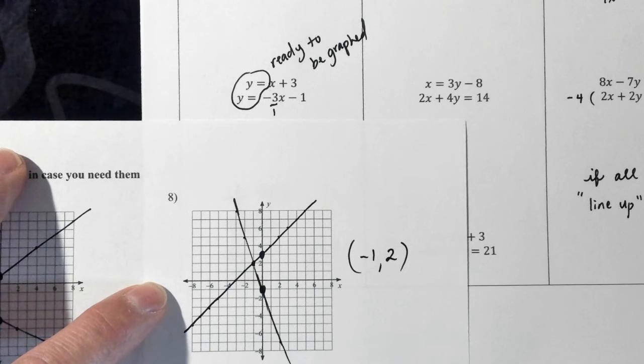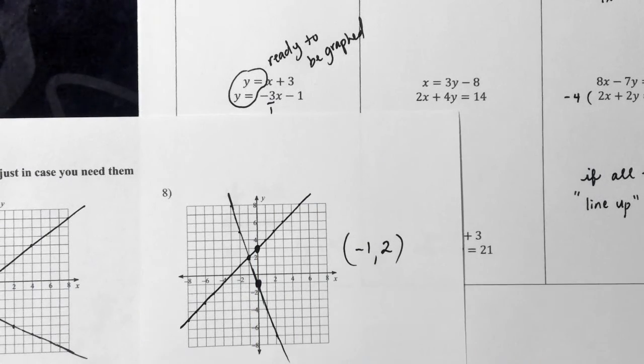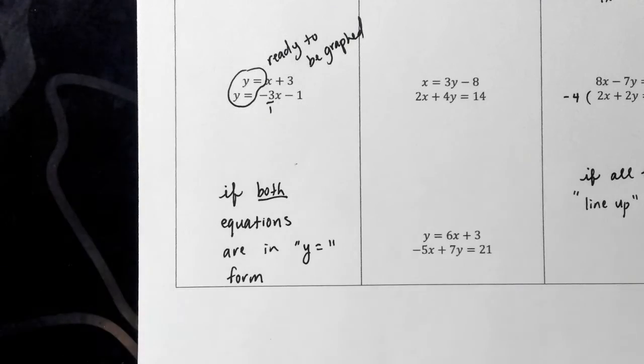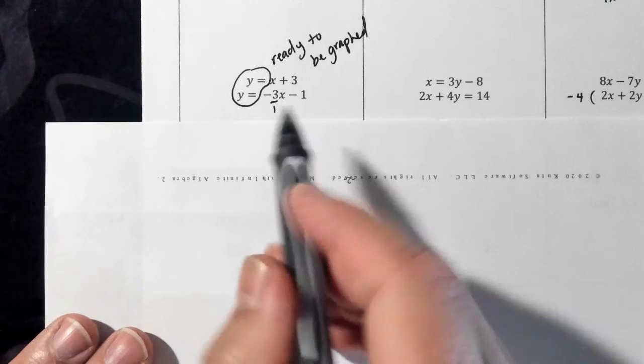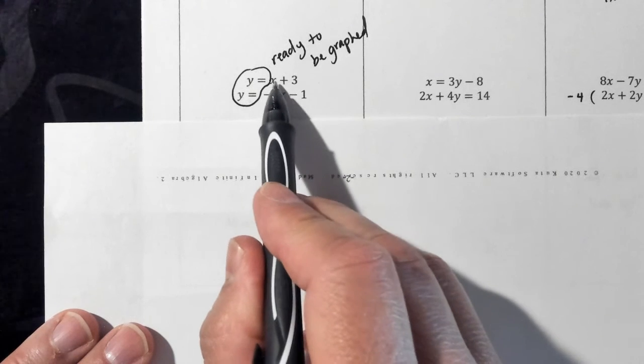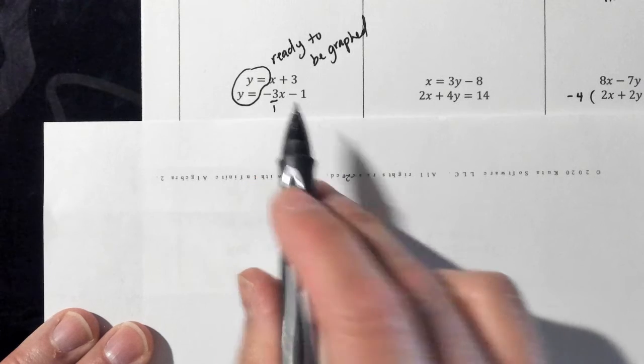The graphing method works well if you have graph paper. Now the truth is, on this one, I would say 99% of teachers would not use the graphing method. We would use the substitution method because it's just much quicker. Watch this. x plus 3 is equal to -3x minus 1.